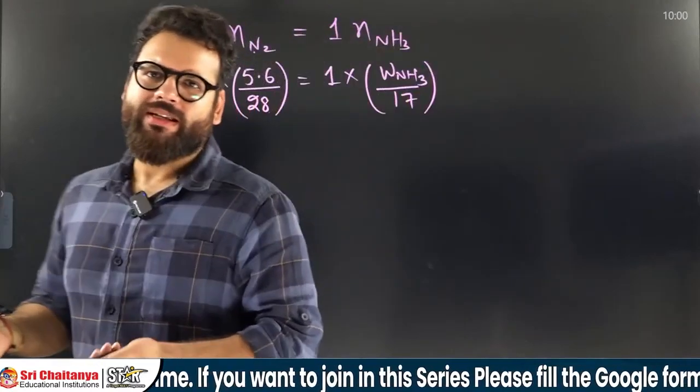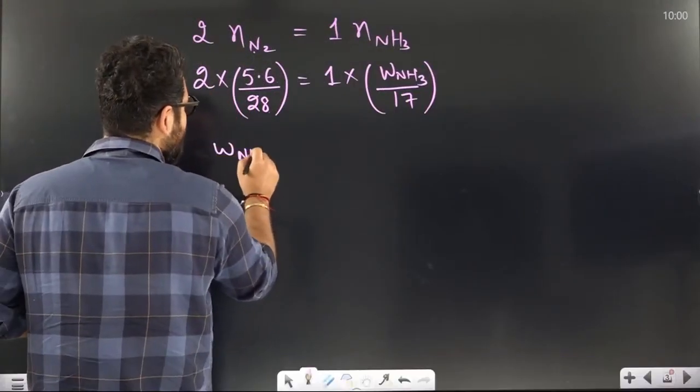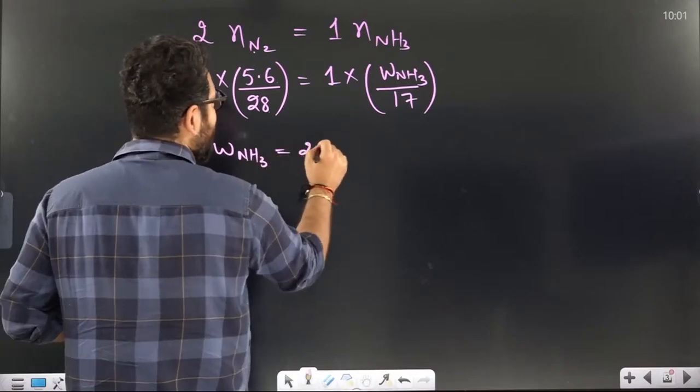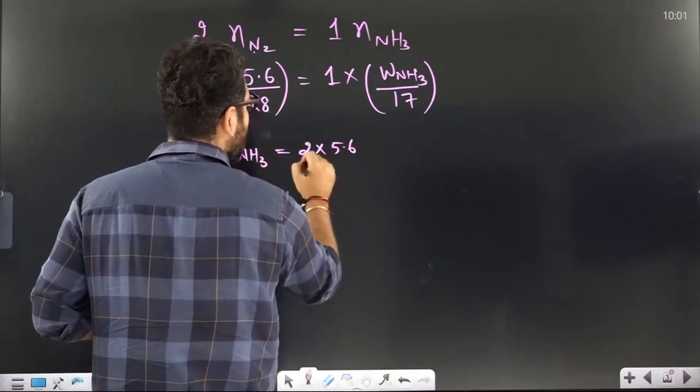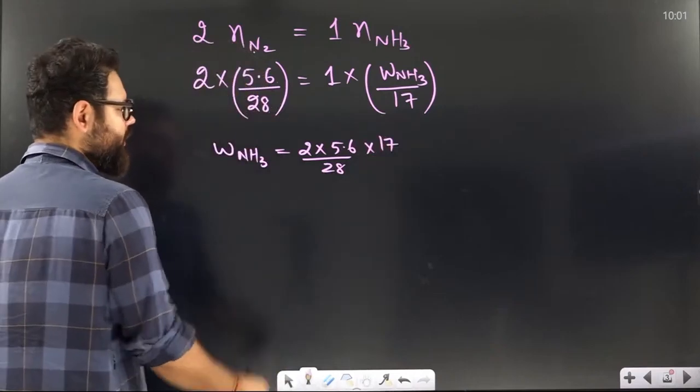So the weight of ammonia produced is 2 times 5.6 by 28 into 17.